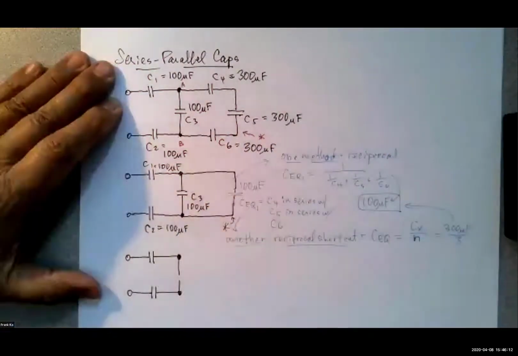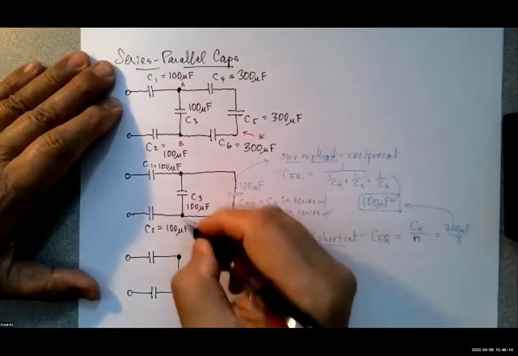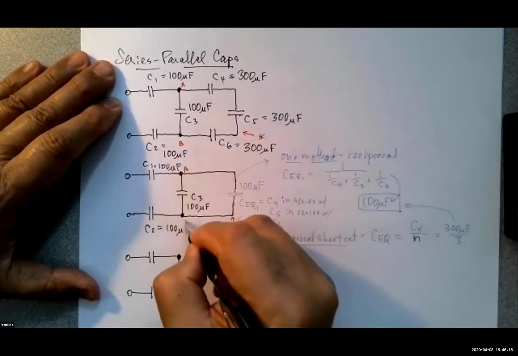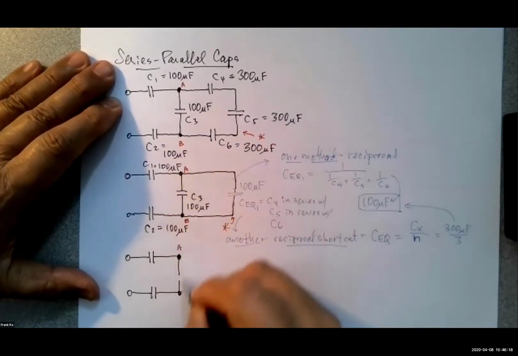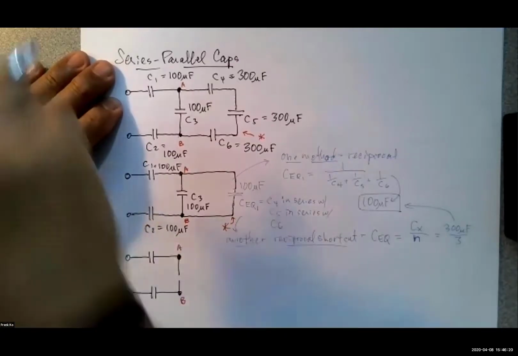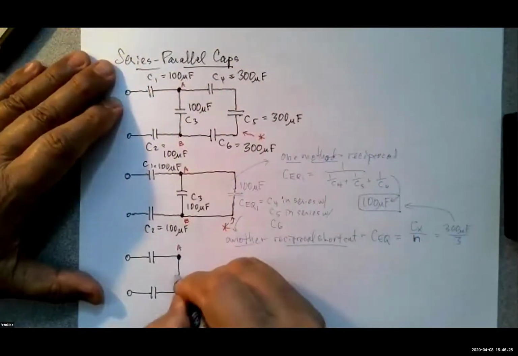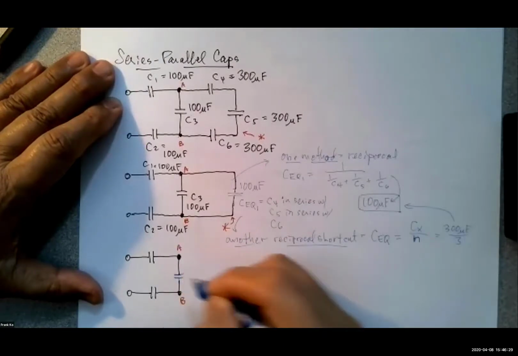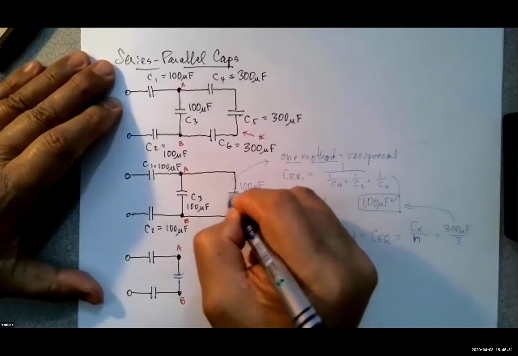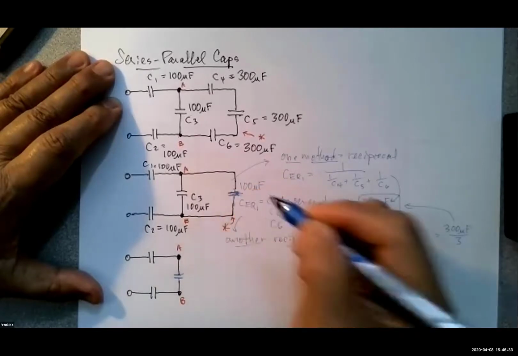So my points A and B here are found at A and B over here. My capacitor here at this point, just like I had a capacitor over here, we darken that to make it a little easier to see.